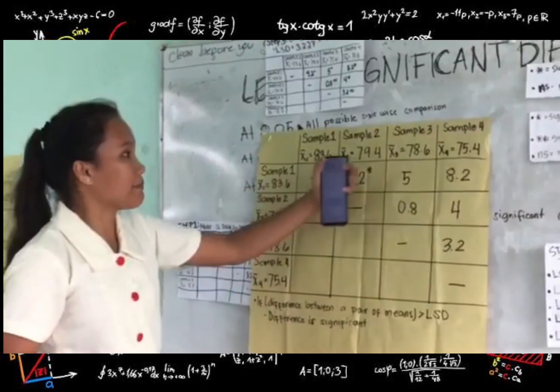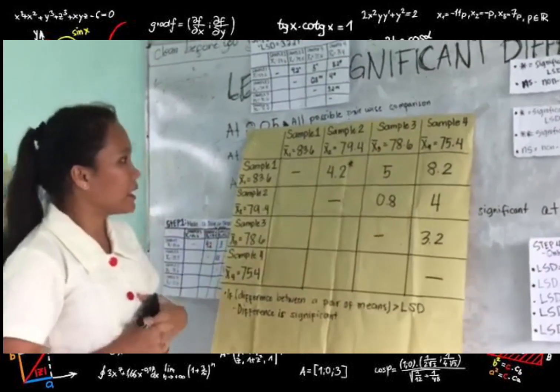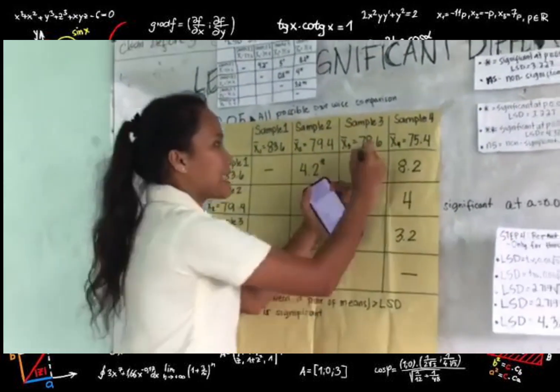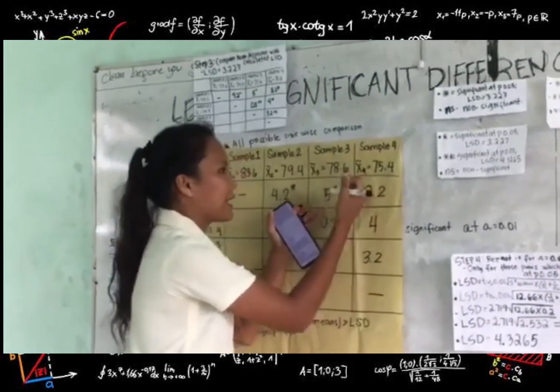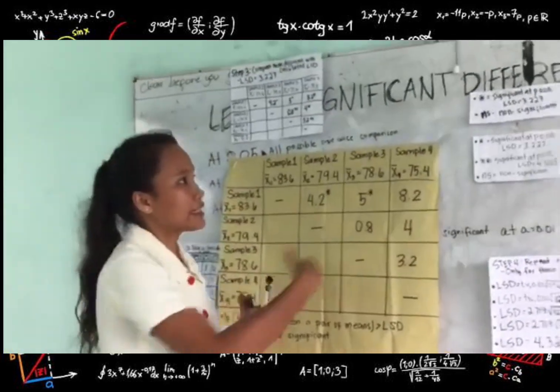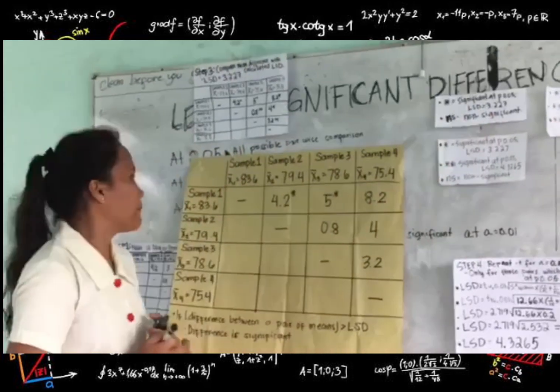Sample 1 and sample 3 gets an asterisk because it is higher than 3.227.